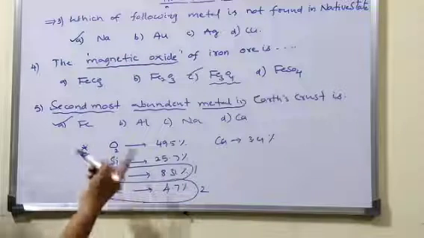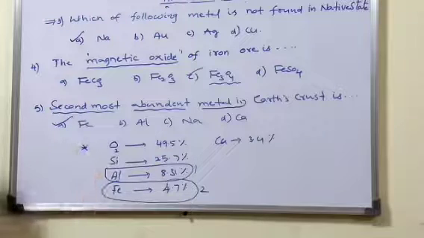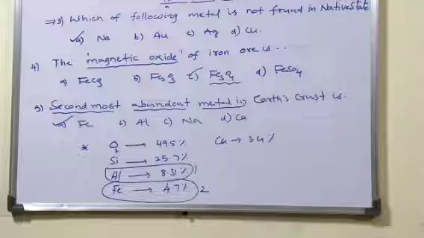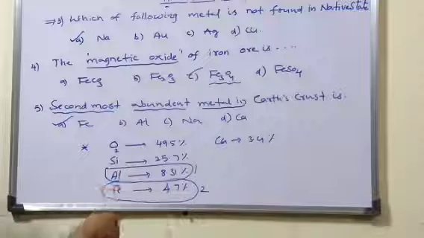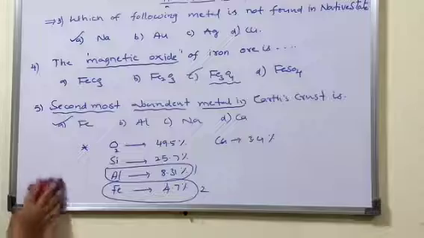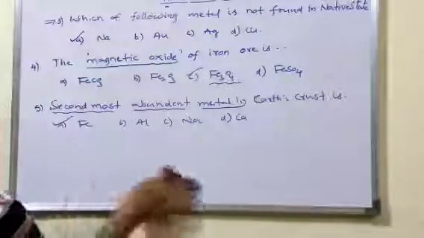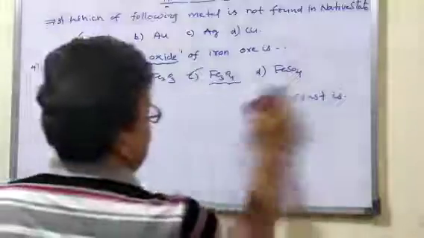Oxygen is most abundant element. So when you are reading the question, you should be very careful whether they ask element or metal. If they ask element it is oxygen, and if they ask most abundant metal, then aluminum you have to take. This is how abundance is going to be remembered.